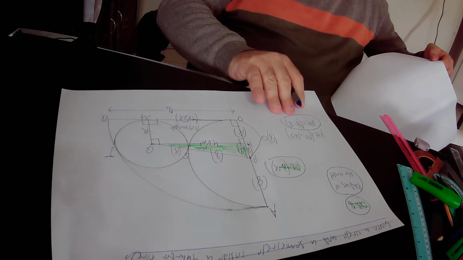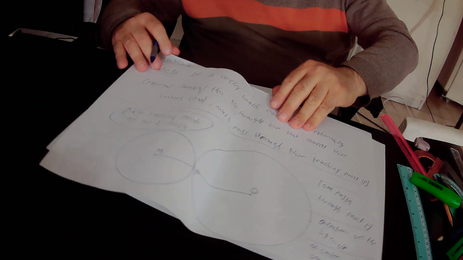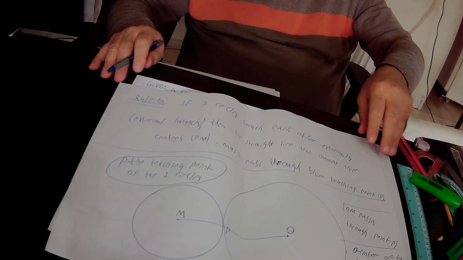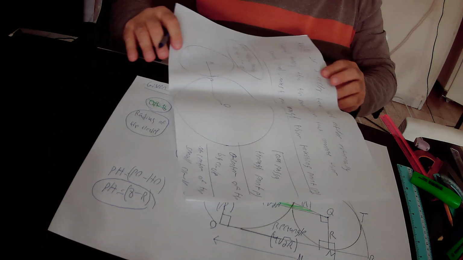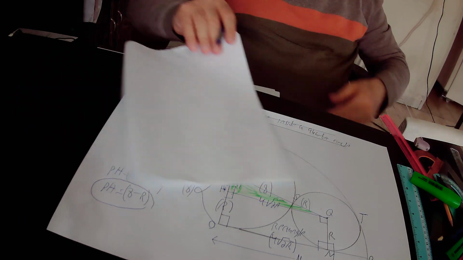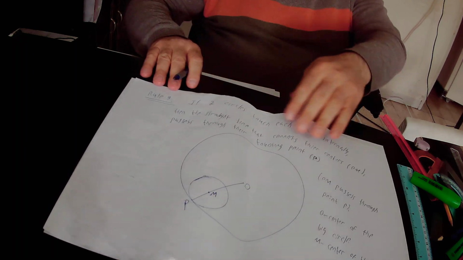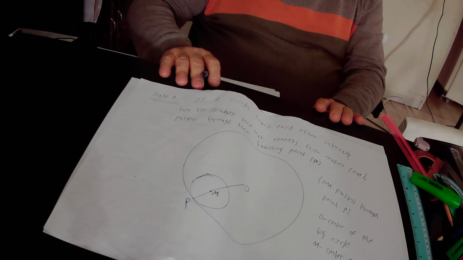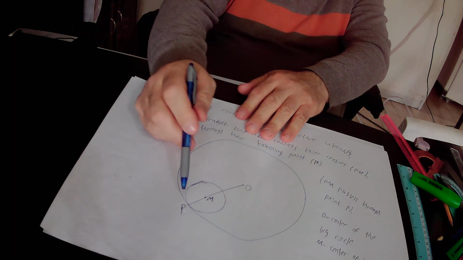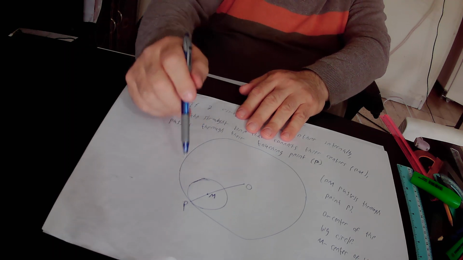Repeat quickly on the rule. According to rule 9, if two circles touch each other internally, in the drawing you can see that this small circle touches the big circle at this point, point P. Point P is the point of tangency of the small circle with the big circle.